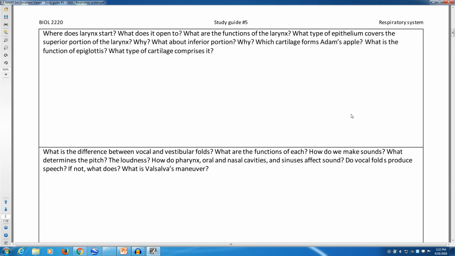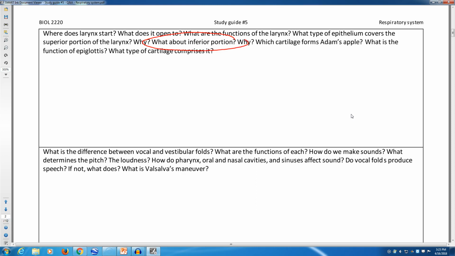Larynx. Where does the larynx start? The larynx starts where the laryngopharynx ends. Okay. It opens into the trachea. Functions: voice and separation of food and air. We good? Moving on. Superior portion stratified squamous, inferior pseudostratified ciliated.